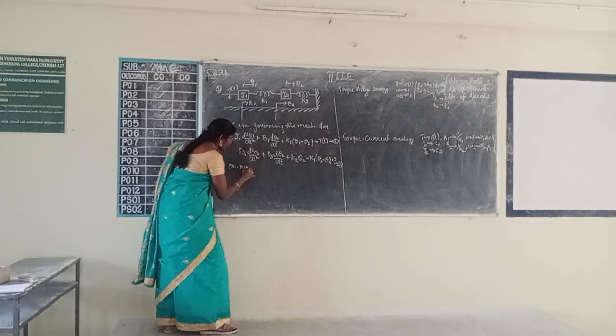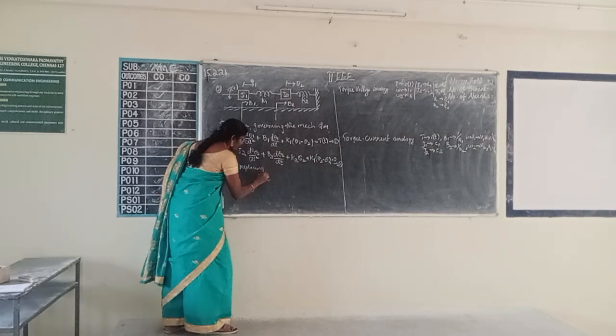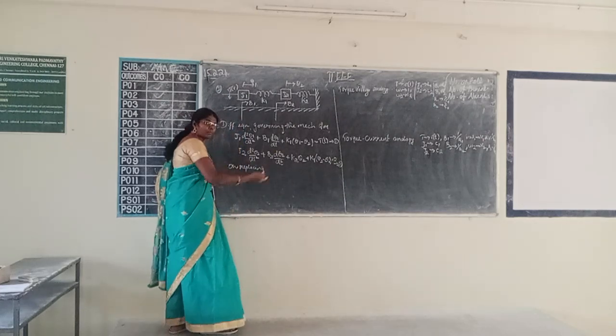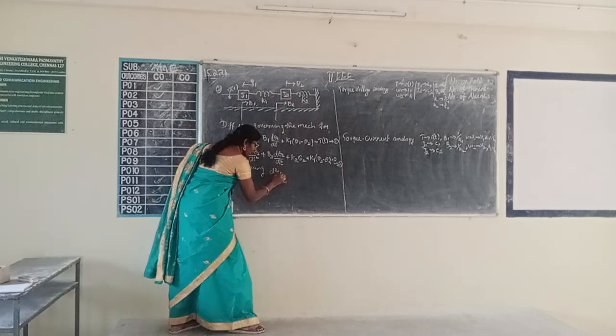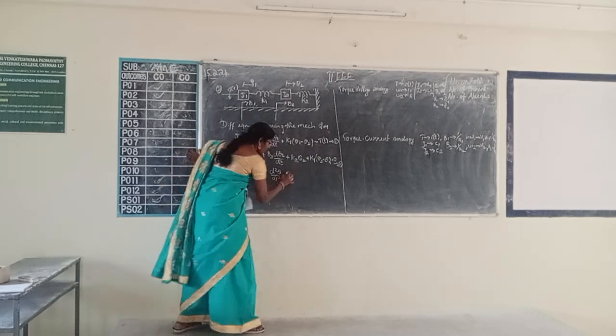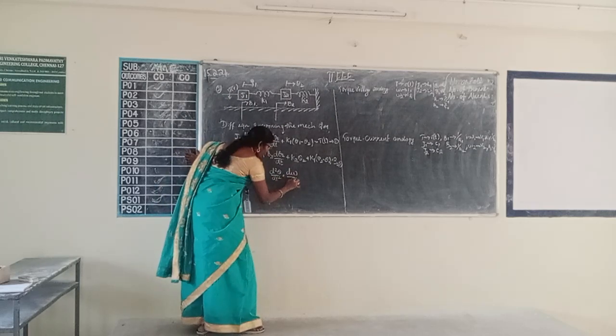So on replacing, in terms of the mechanical system, what related quantity we have to replace. In place of d square theta by dt square, we take the angular velocity, that is d omega by dt.